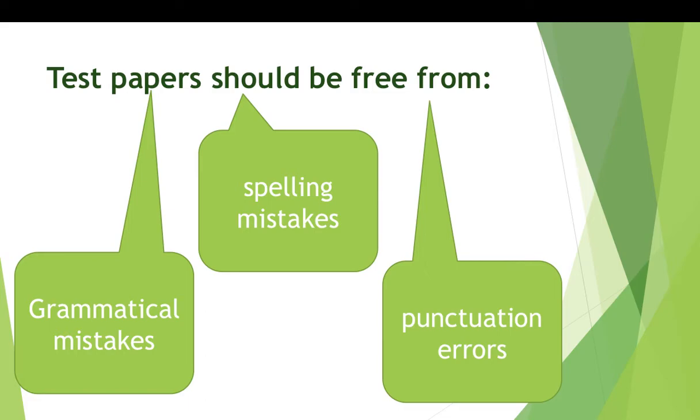The first point to pay attention to is that test papers should be free from spelling, grammatical, and punctuation mistakes, because these inaccuracies confuse the testees a lot and badly affect the test paper, misleading the students far away from the correct answer.